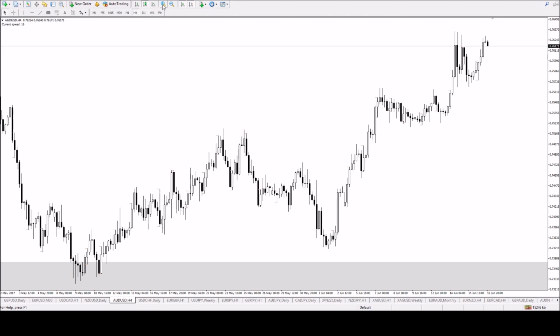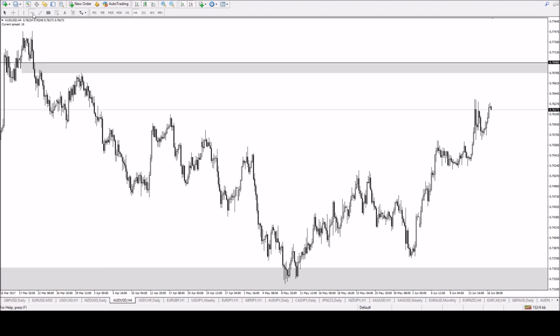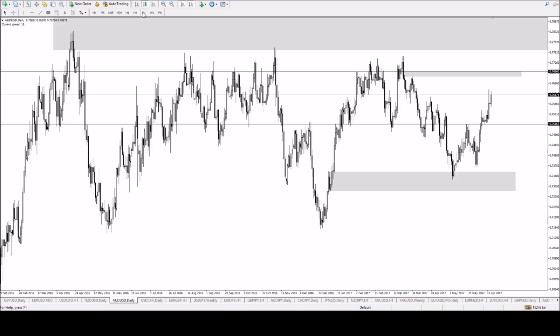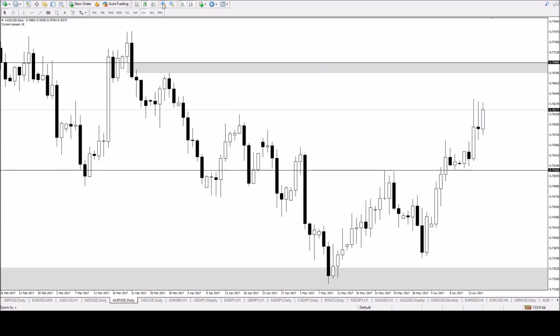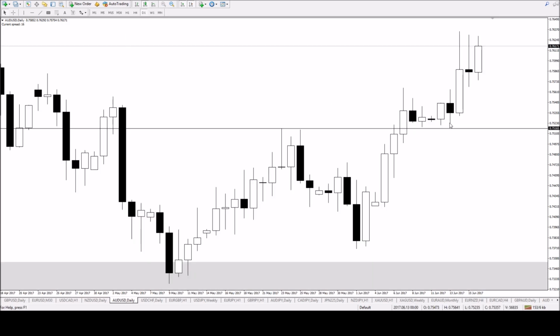So looking at this, nice support level here. As soon as we broke that level, it's a key level here. It's ripped up. Ideally what I want to see is, I don't want to see this block given in.